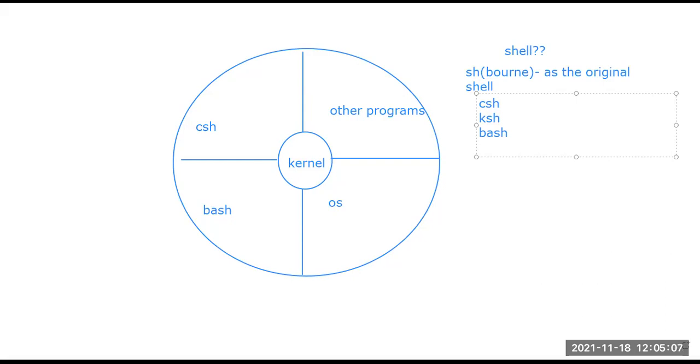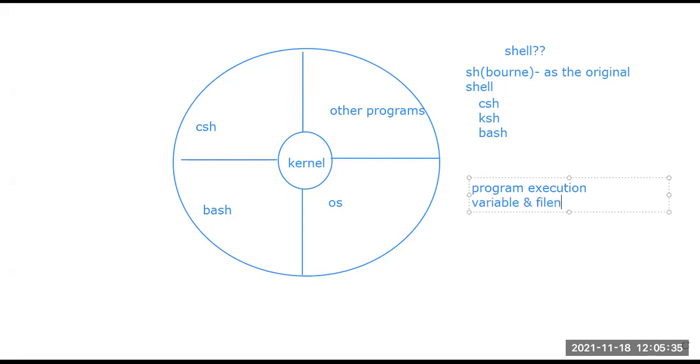Now, what are the responsibilities of a shell we can talk about? The first one is program execution. The second responsibility is variable and file name substitution.